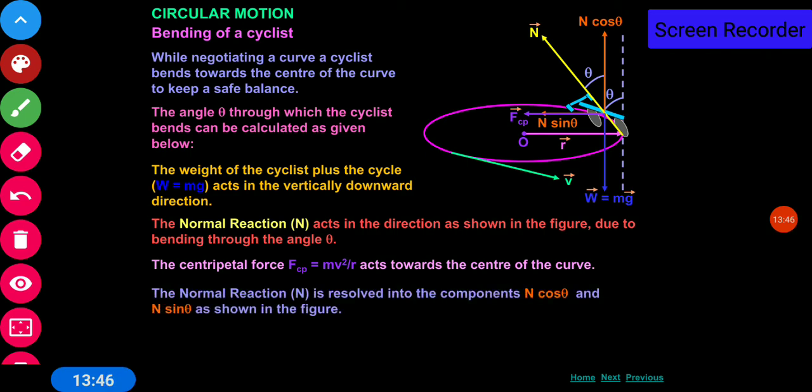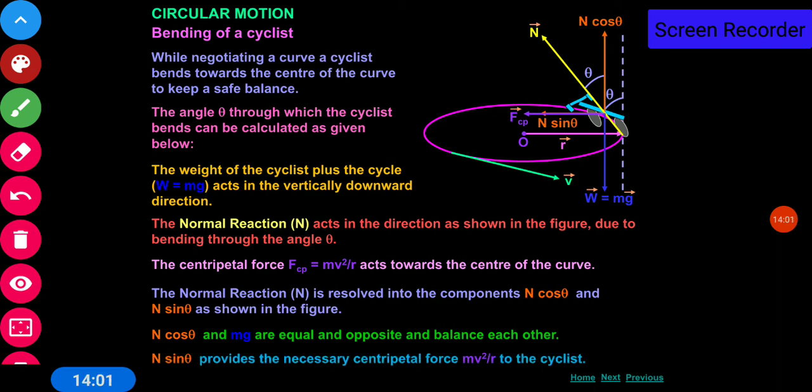The normal reaction N is resolved into two components, N cos theta and N sin theta, as shown in the figure. N cos theta and mg are equal and opposite, so they balance each other. N sin theta provides the necessary centripetal force mv squared upon r to the cyclist.